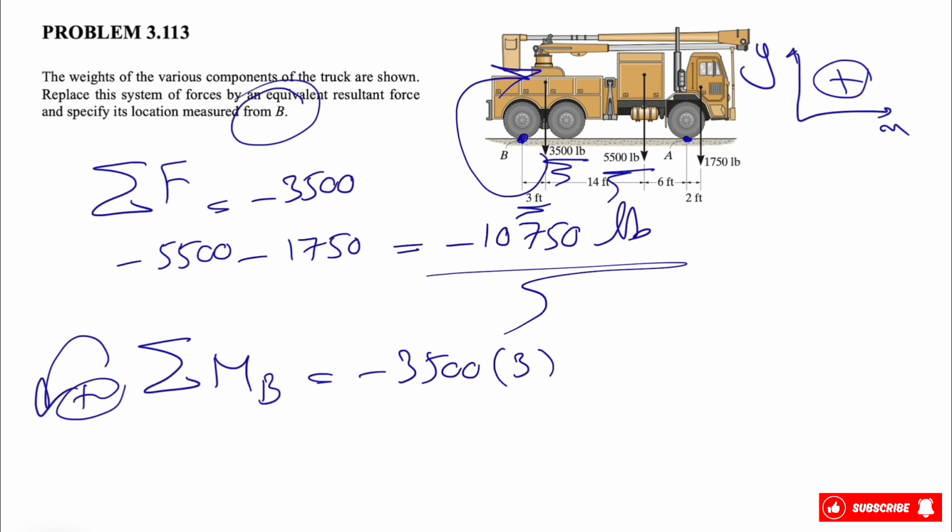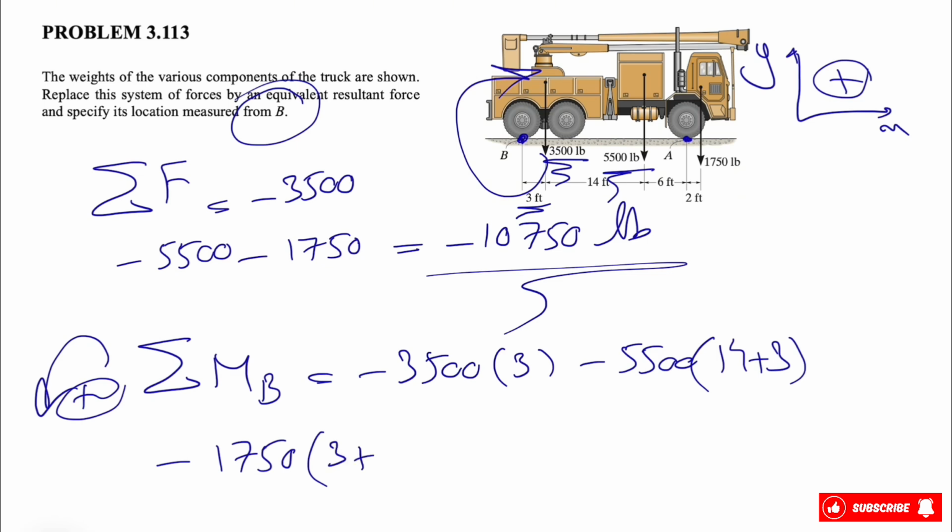Again, we have a clockwise moment, so negative 5,500. The distance this time will be 14 plus 3. The last one, again, is a negative moment since it's clockwise, so 1,750, and the distance for that force from point B will be 3 plus 14 plus 6 plus 2. So here we have 17, and here it will be 25.